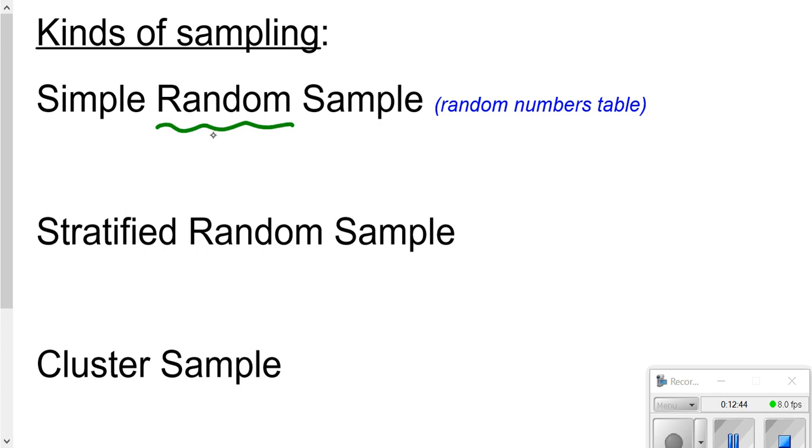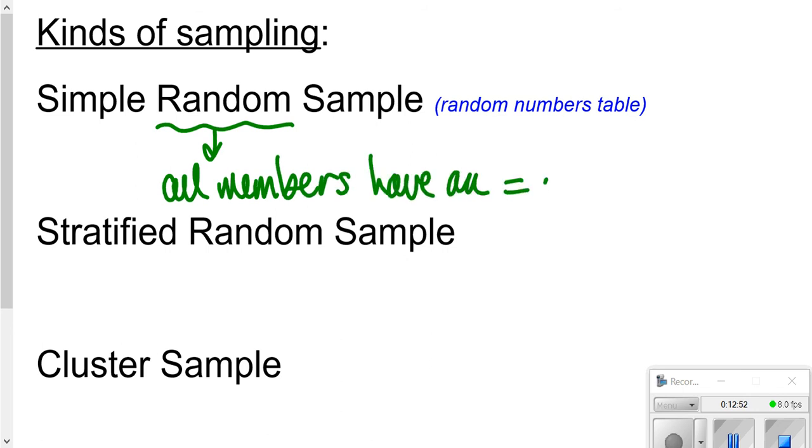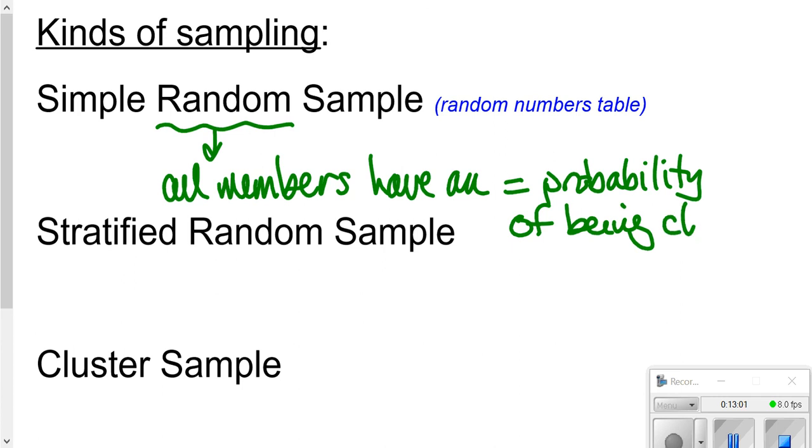And remember that random means that all numbers have an equal probability of being chosen. Okay, that is the mathematical definition of random selection. Okay, it's not, oh, that's so random. That's not that kind of random. It's the math kind of random.